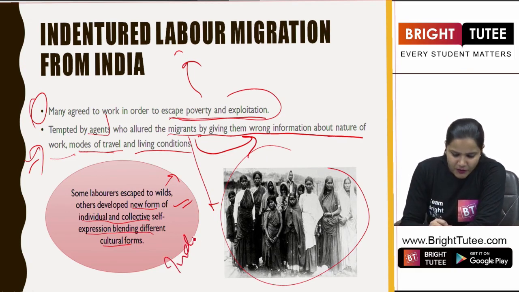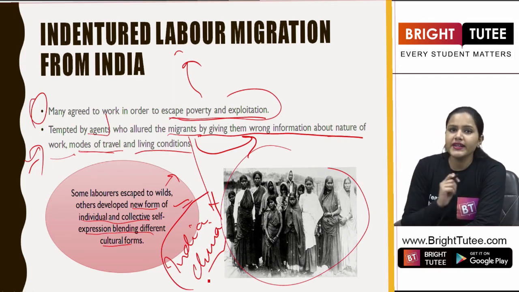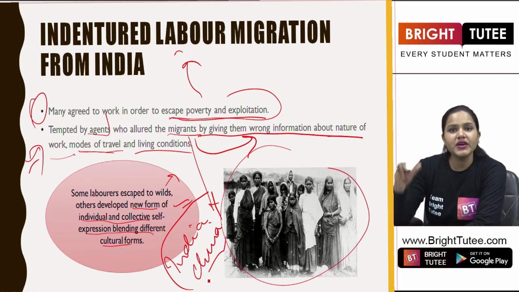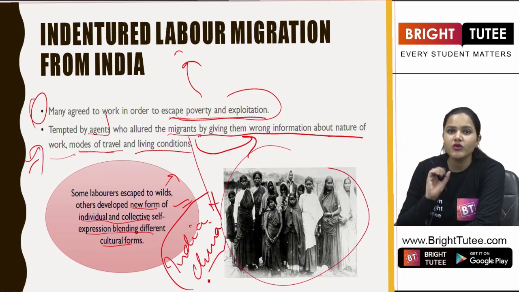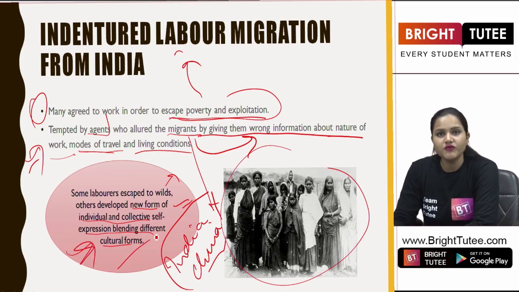That people from India as well as China and some other places were coming to these destinations, right? And all these people belonged to different cultures. So there were some indentured laborers who were escaping into the wilds in order to save themselves from the colonial rulers. But again, there were some people who tried to blend different cultural forms.